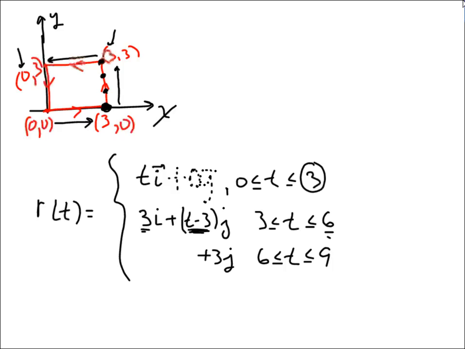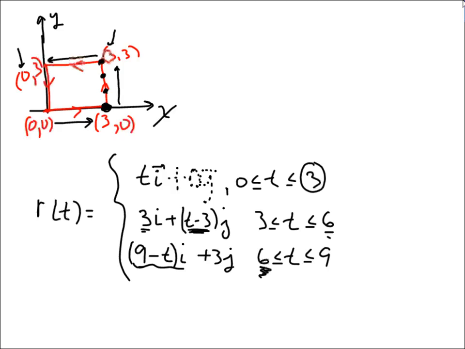Since x is decreasing, when t is 6 you want this to equal 3, and when t is 7 you want it to equal 2. So what you're going to do is say (9 minus t) in the i direction.